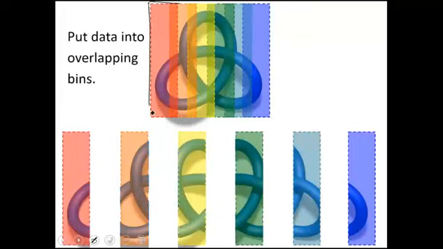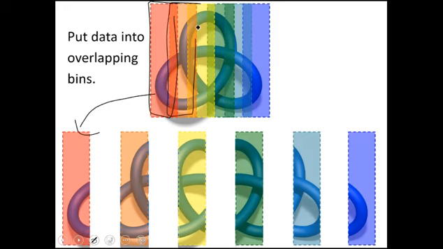So we have this bin right here. We also have the orange bin, etc. All together, we've got 1, 2, 3, 4, 5, 6 bins, all of which overlap.